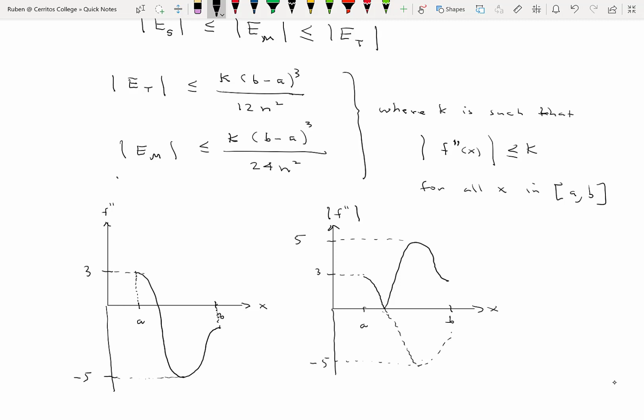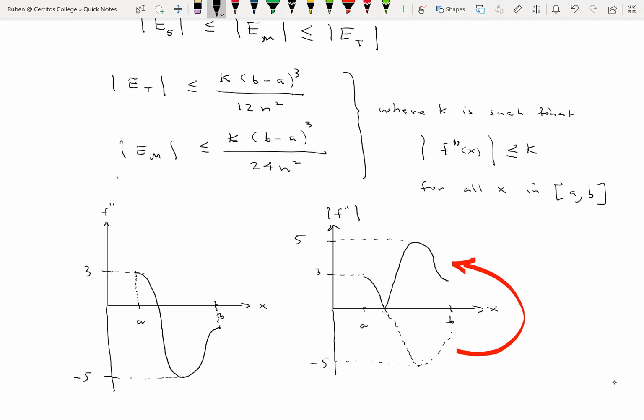What the absolute value does is it brings the negative parts of the graph up across the x-axis. If you can get this, you're on your way to understanding k. It's still a little rough finding it, but you're on your way to understanding what it is.